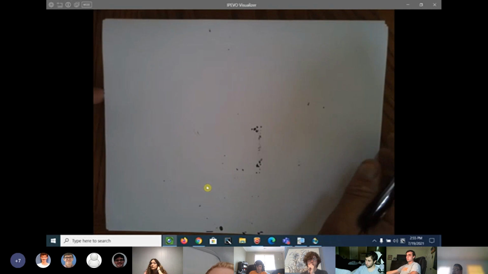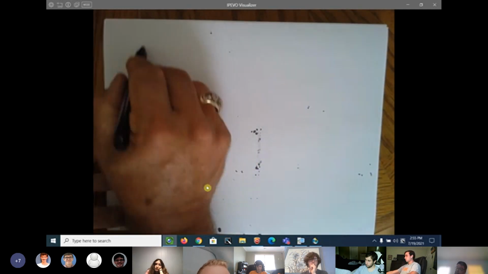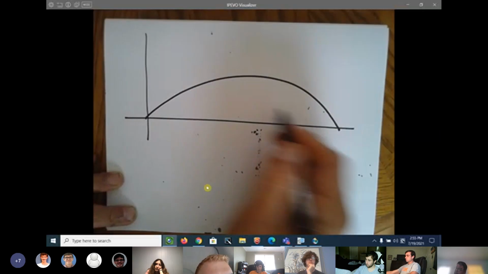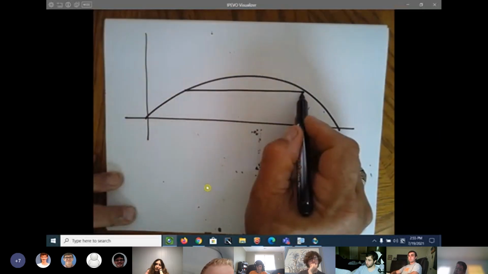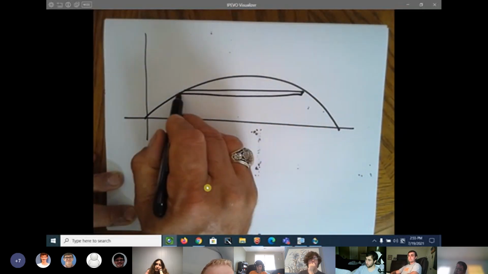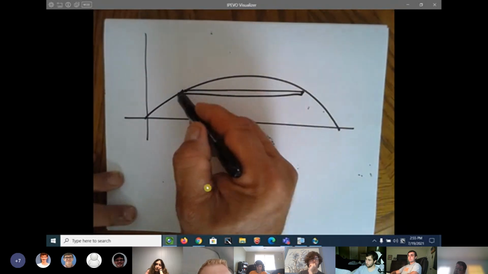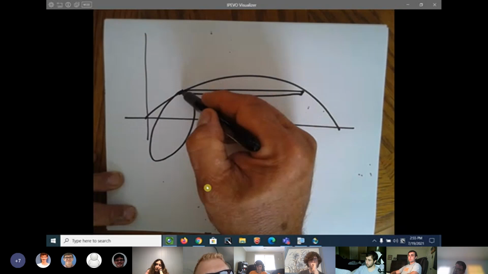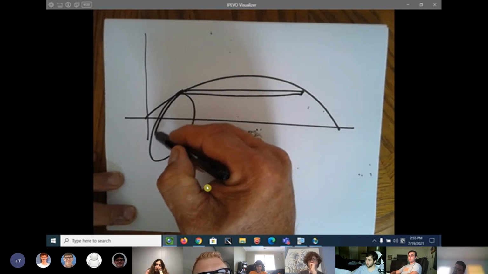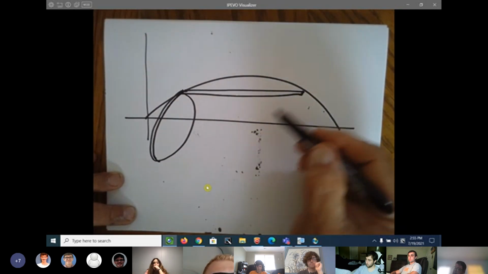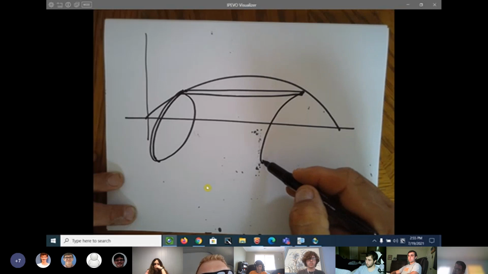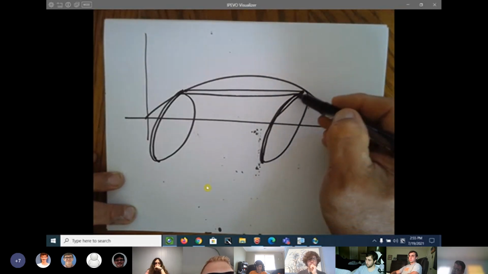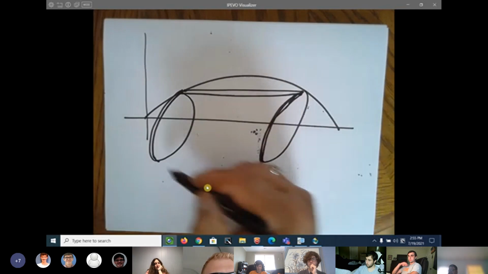If you go around the x-axis, it's going to look like that.